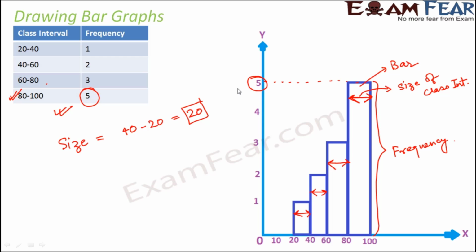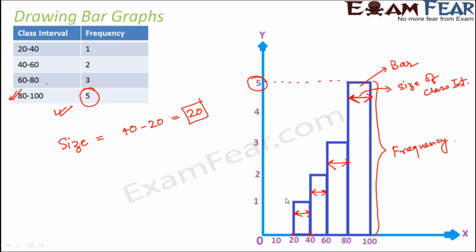So basically the concept is that once you have this grouped frequency distribution table, first of all look at the class intervals, plot the class intervals on the x-axis, and then make sure that whenever you draw a bar, the width of the bar should be equal to the size of the class interval, like how we have drawn it here. The first bar is for class interval 20 to 40. So that is why you have chosen these 2 points, 20 and 40, so that the width remains 20.